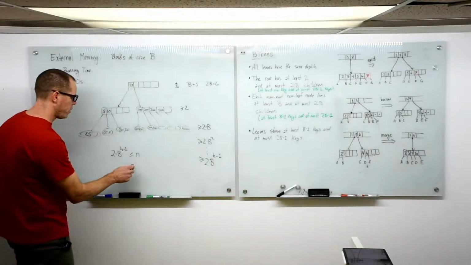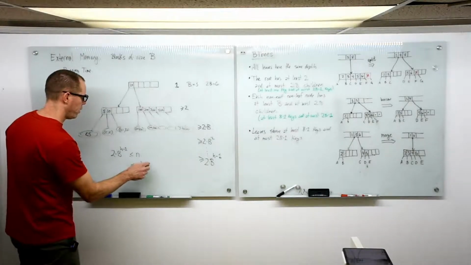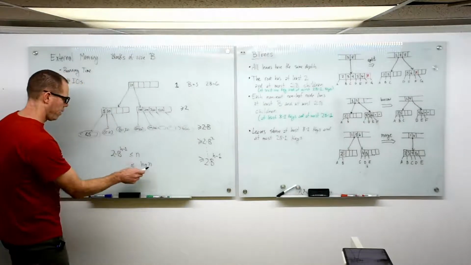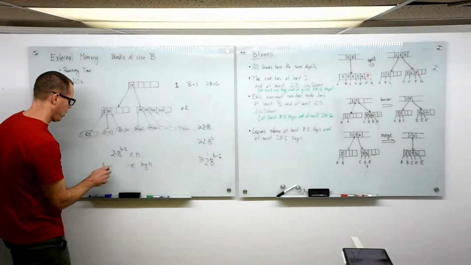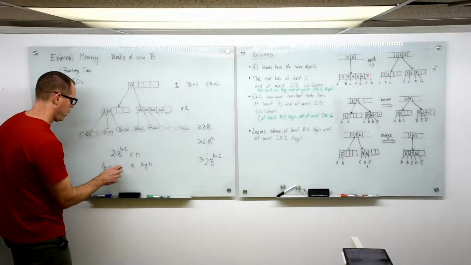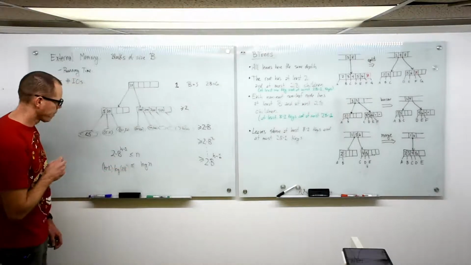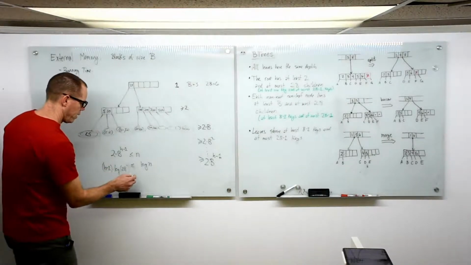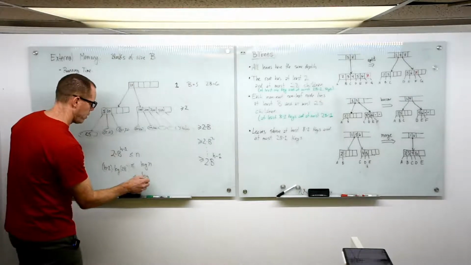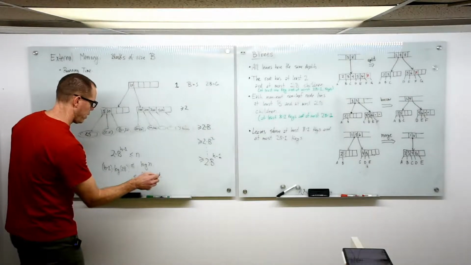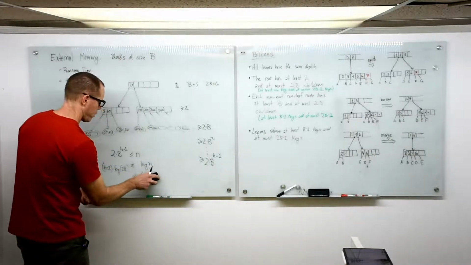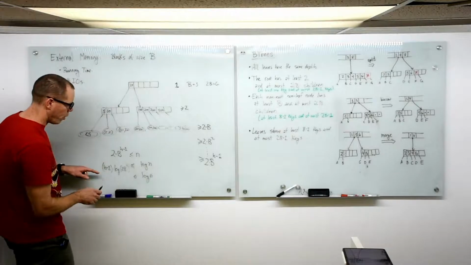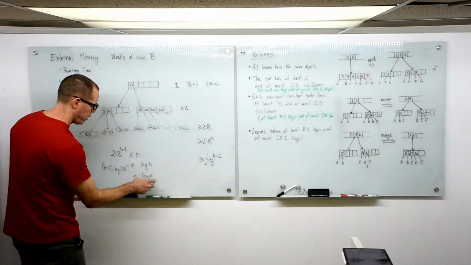If you take logs on both sides, you get a log n on this side, and on this side you get h minus 1 times the log of 2b. Divide both sides by log of 2b.